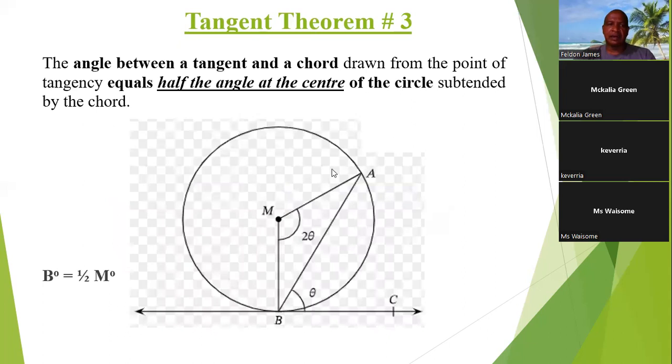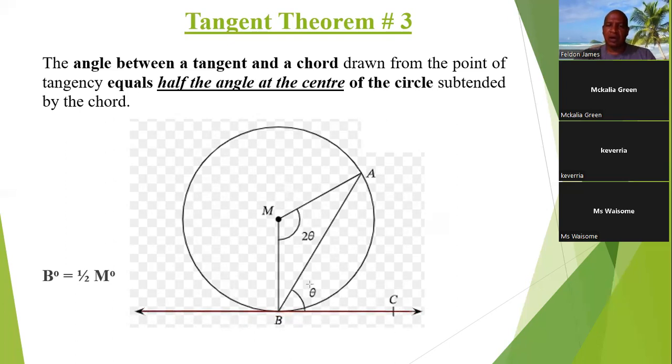Moving along, next theorem. All right, so this one is saying now, the angle between a tangent and a chord drawn from a point of tangency is half the angle at the center of the circle. All right, so this theorem is referring to the tangent line, which is the line running along B to C. So that's a tangent line.